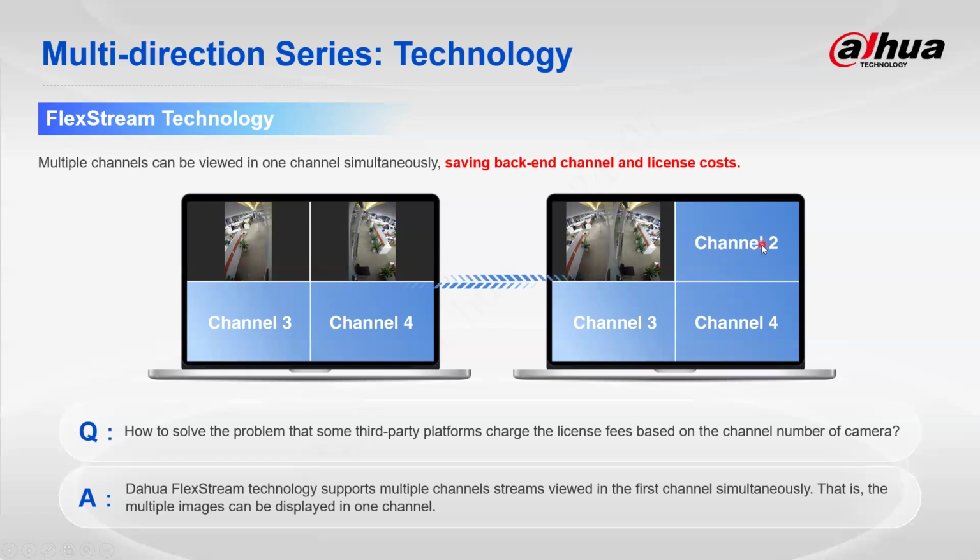So this solves issues when it comes to licenses that are usually added as another cost for you to add more channels to your surveillance needs. For example, if you're using the DSS or any other third-party platform.